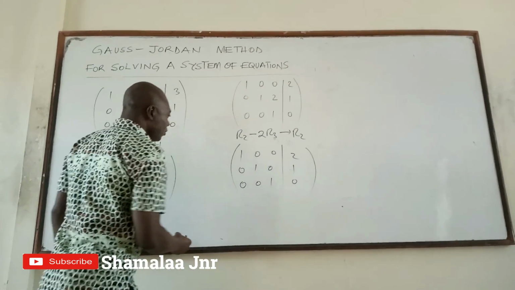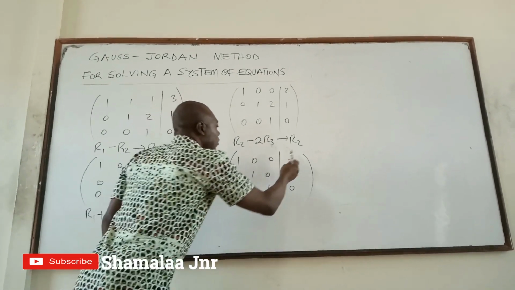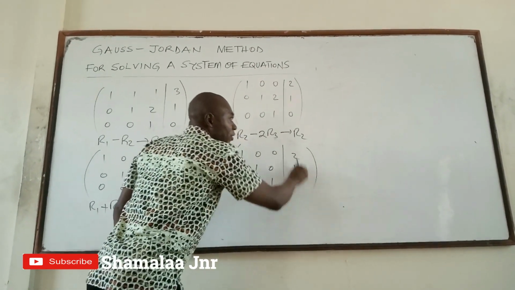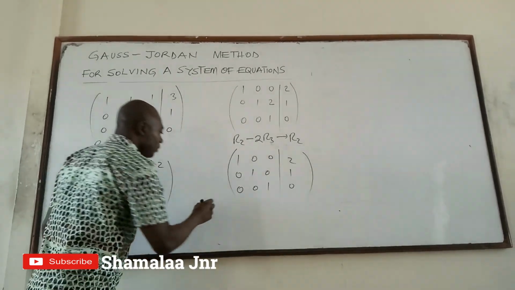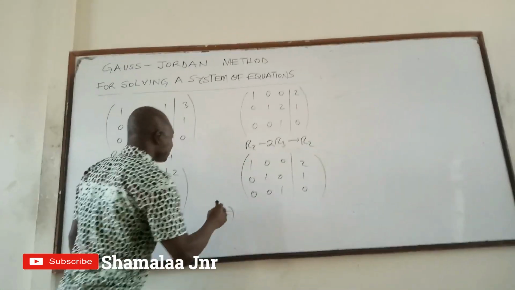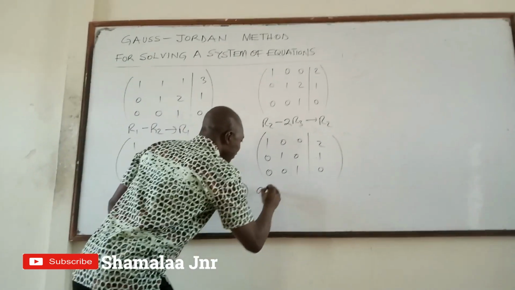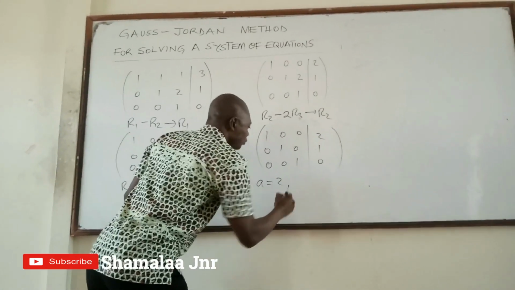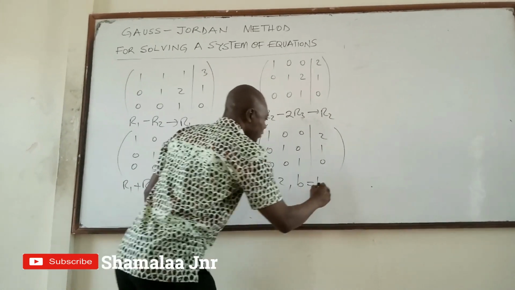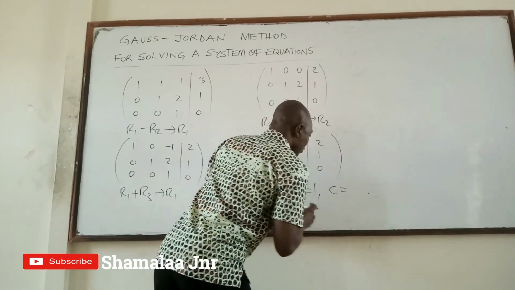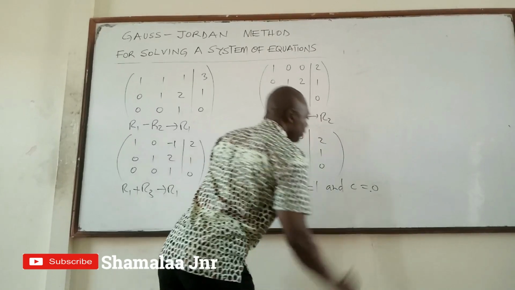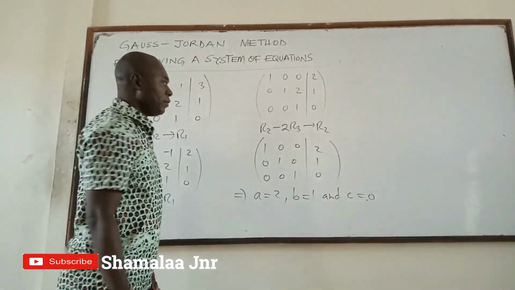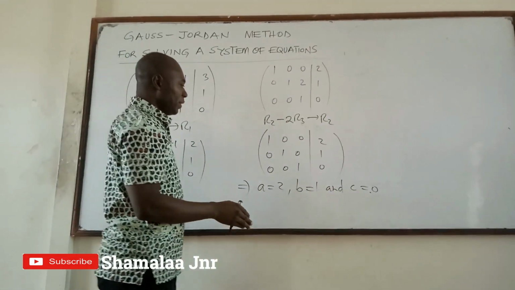And then straight away, whatever you have on the right-hand side will be the solutions to the problem. So this implies that A is equal to 2, B is equal to 1, and C is equal to 0 in that order. We have A, B, C, isn't it?